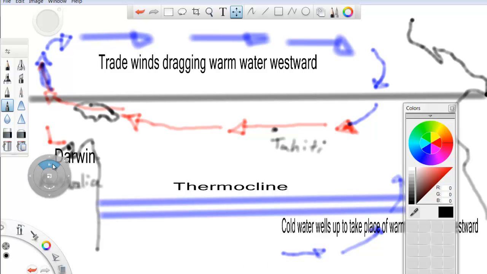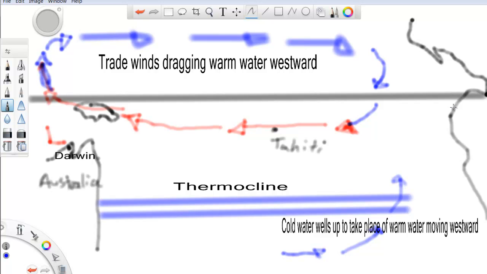So there's Darwin in Australia. The pressure is low, and the pressure by Tahiti, well, actually the pressure over here is going to be high. This is the area of cool water.